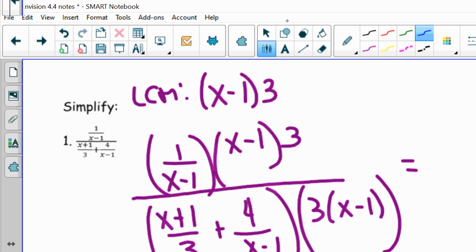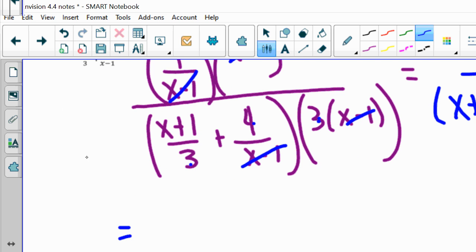Okay, so here at the top, my x minus 1's cancel, and I'm left with 1 times 3 is 3. This 3 and that 3 are going to cancel and leave me with x plus 1 times x minus 1. When I multiply here, my x minus 1's cancel, and I'm left with 4 times 3, so plus 4 times 3. Okay.